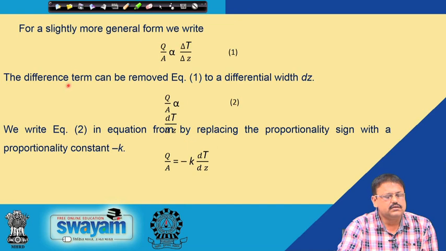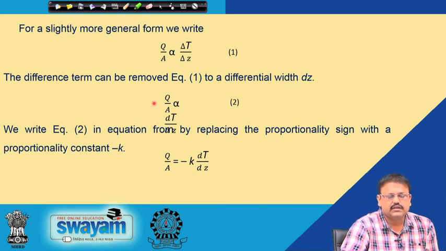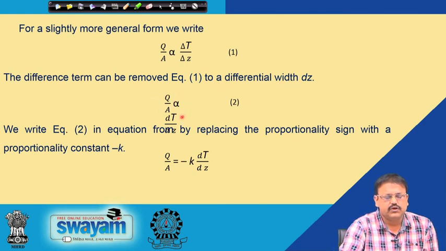The difference term can be converted to a differential, so Q by A is proportional to dT by dz, and now we can form the equation Q by A equals minus k dT/dz. Here k is the thermal conductivity.